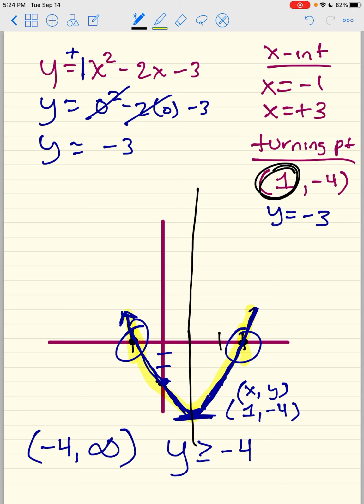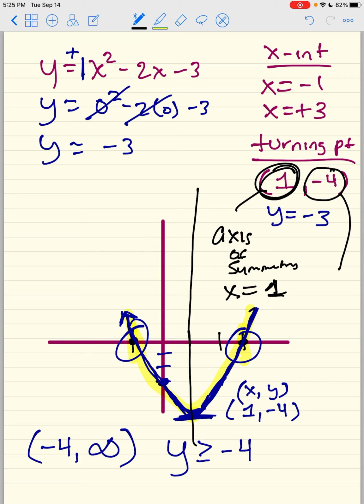So this part is the axis of symmetry. Axis of symmetry. Okay? And this will always be our range, but you have to decide, is it going to go from -4 and up or -4 and down? Well, it depends on which way it opens.